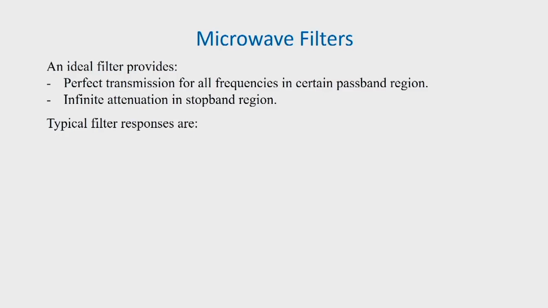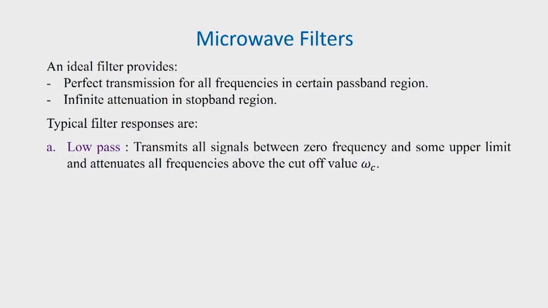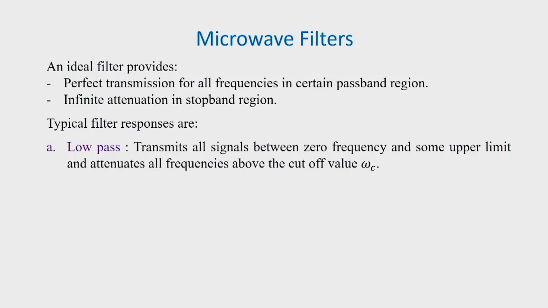Typical filter responses, different types of filter responses, are low pass. In a low pass filter, signals between 0 and some upper limit of frequency are transmitted, and all frequencies above the cutoff frequency are attenuated.